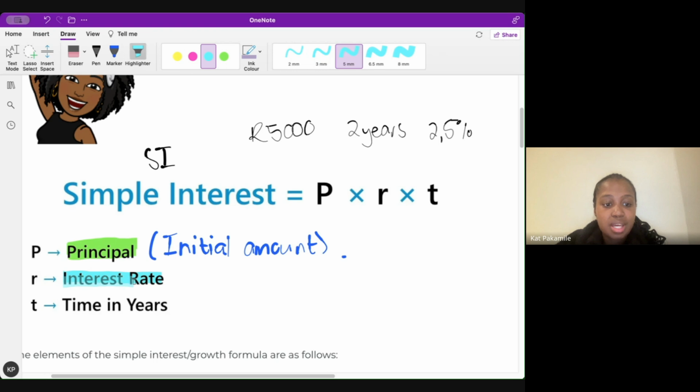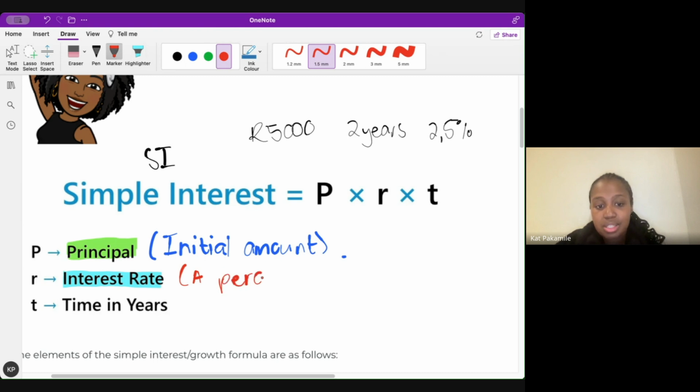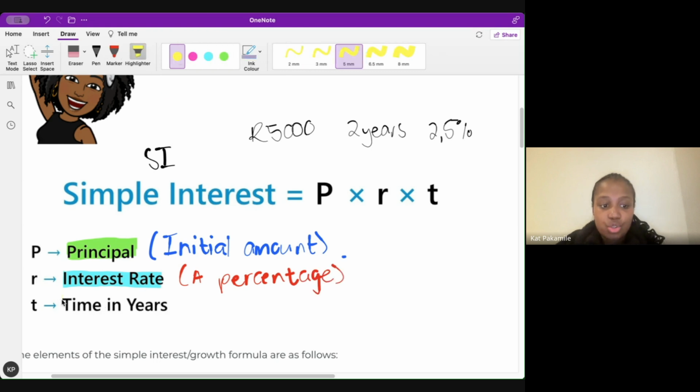Now, the reason we say rate is because this will be a percentage. You can't just say it times 2.5 because that doesn't make sense. This is a percentage. And then times T, which is your time in years. That is very important. In years.